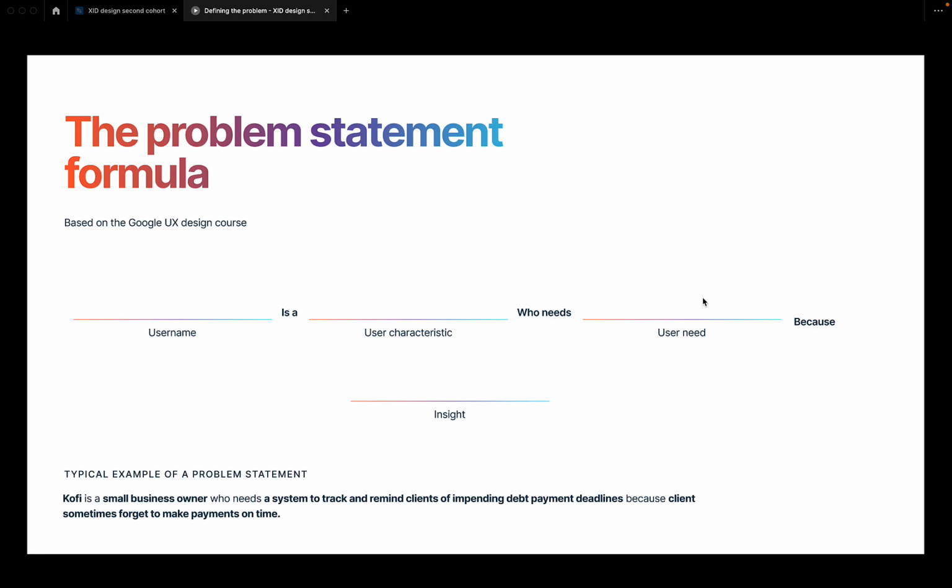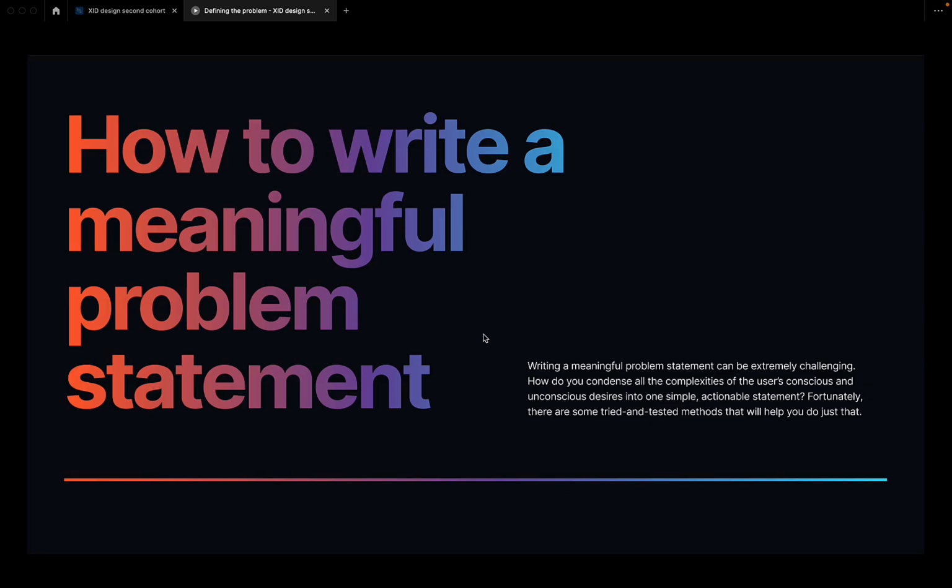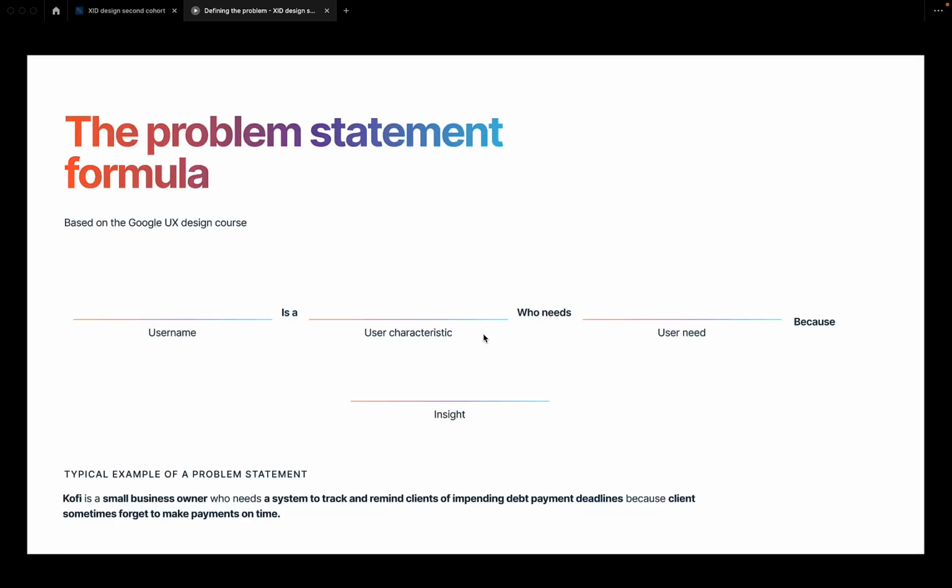All right, fantastic. So now, what is the problem? Based on the observations you made during the empathize phase, what's the problem and pain point that frequently came up? What task is the user trying to accomplish, and what stands in their way? From the problem statement, what is the problem that you're trying to solve?